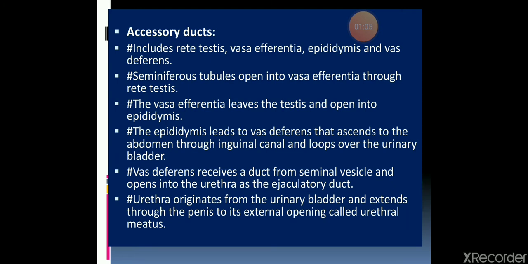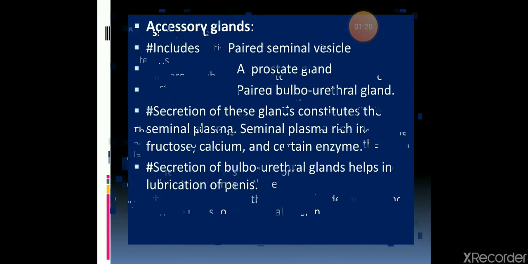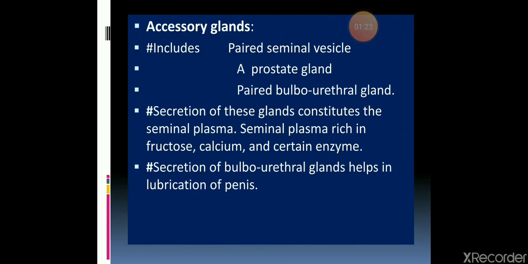See the last point, the urethra originates from the urinary bladder and extends through the penis to its external opening called the urethral meatus. So the urinogenital opening is called the urethral meatus. And once again, just recall the accessory glands we saw: paired seminal vesicles, a prostate gland, paired bulbourethral glands.